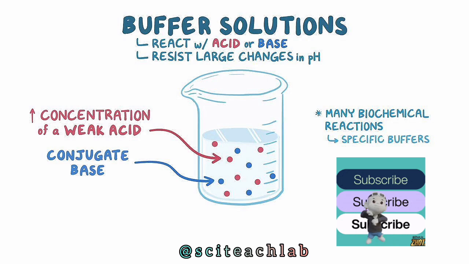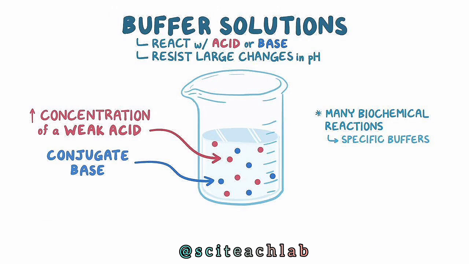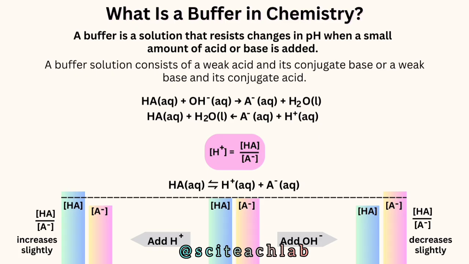If the acid comes in, the base neutralizes. So that helps the system stay without changing pH. Example is ethanoic acid plus sodium ethanoate. That's an example of the weak acid and the weak base that can be found in buffers.